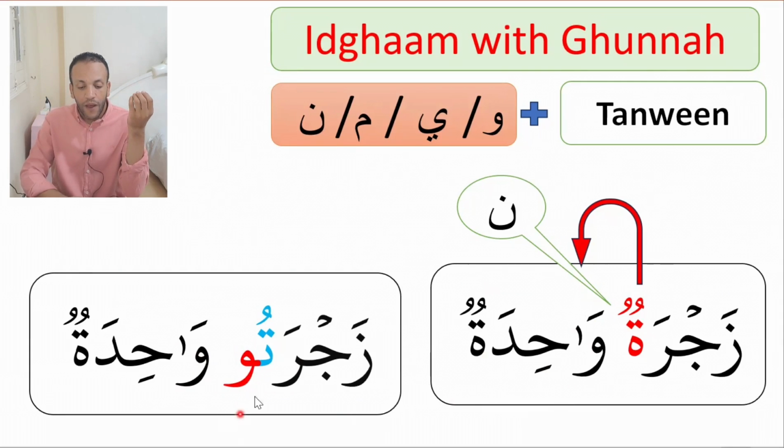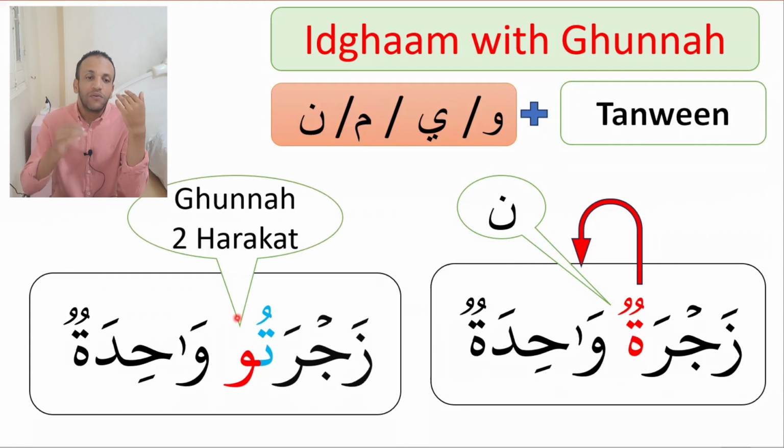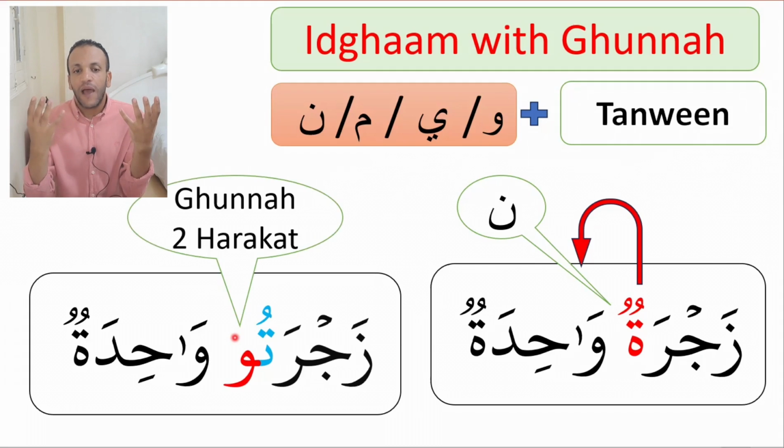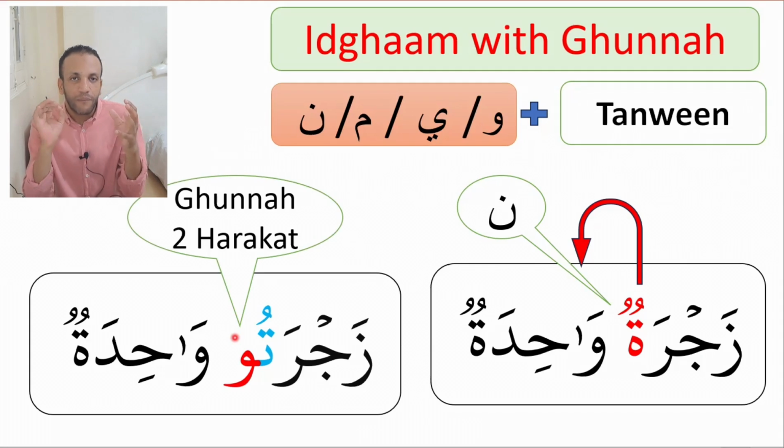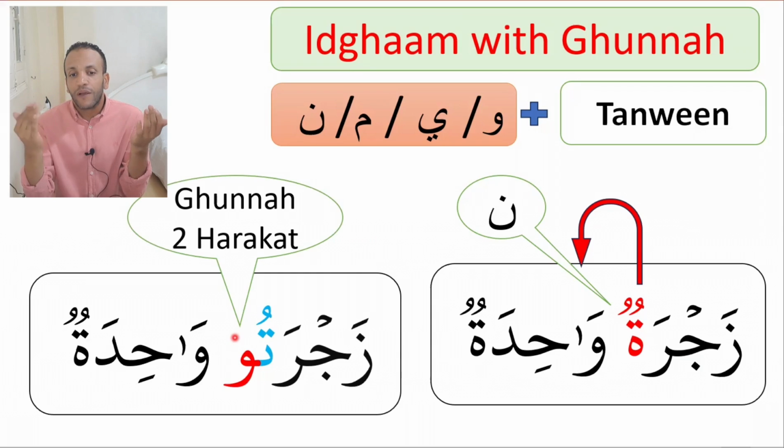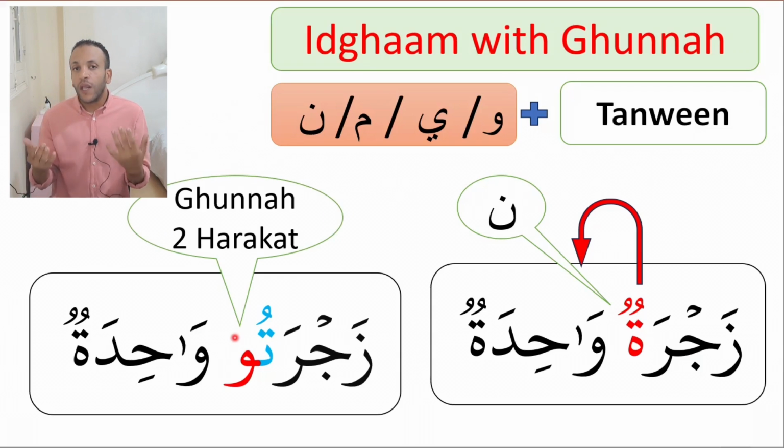Okay, while pronouncing the first sound, the new consonant one, you need to do the nasal sound. And you need to prolong this nasal sound. You can determine how much to prolong depending on your rhythm in recitation. If you are reading slowly, you need to prolong more.